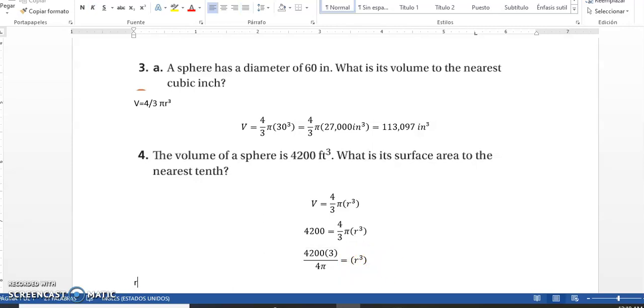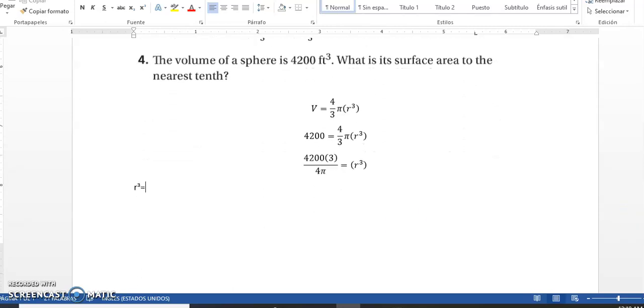What will be the radius to the third power? So the radius to the third power is equal to, let's see the result, 4,200 divided by 4 divided by pi. That is 1,002.6 units.